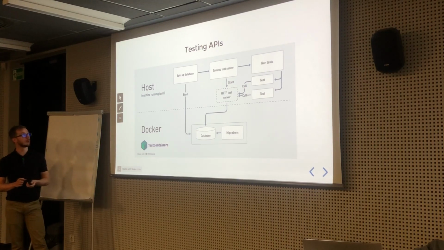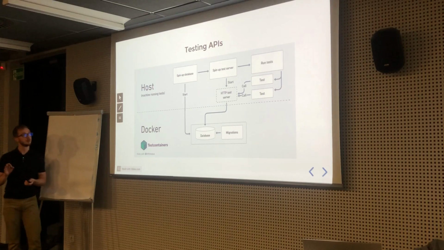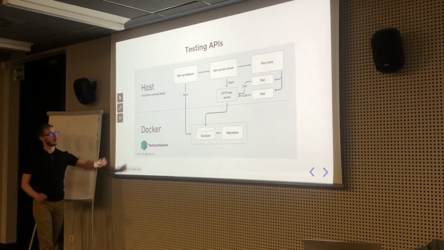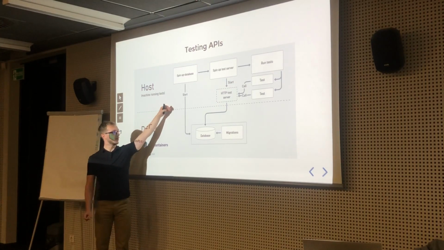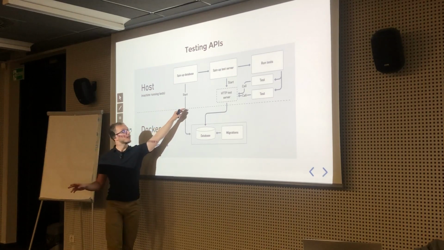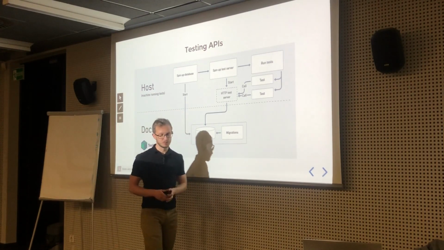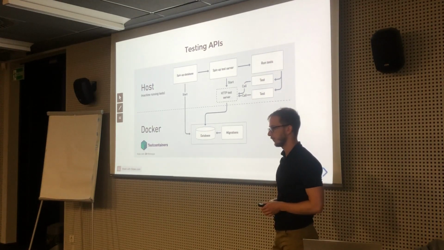And let's go with testing APIs. So similar, but a bit different. On our host machine, we spin up the database, same code as before, but then we have to test the HTTP server. This is something we can use from Go.